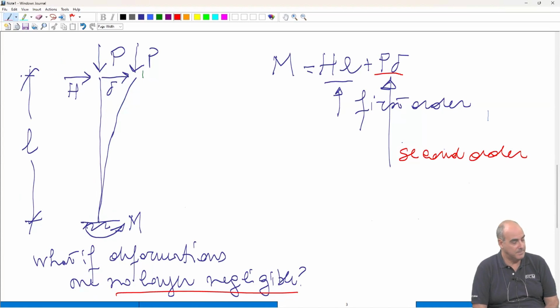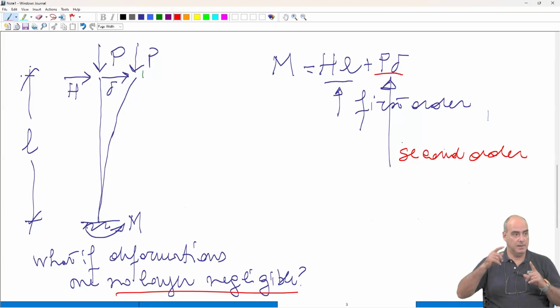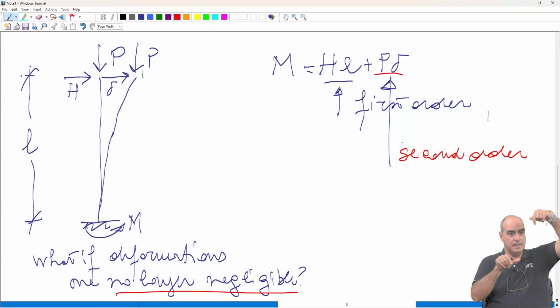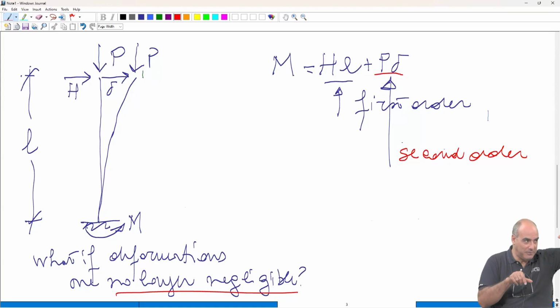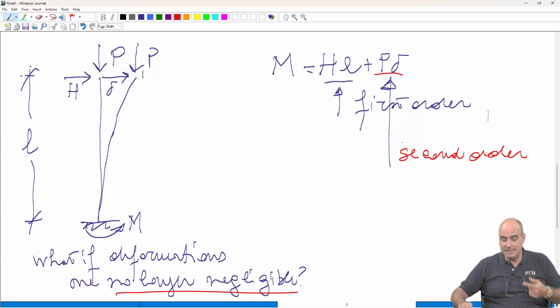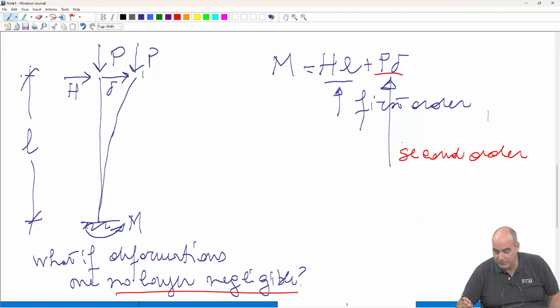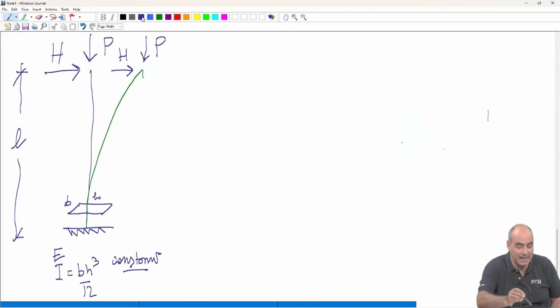The effect is that you apply H, okay, and there is the displacement, and then there is P. And this P gets a moment. So this moment amplifies the displacement. The displacement increases and the moment increases, so it amplifies the displacement. So this is likely a self-fed phenomenon.